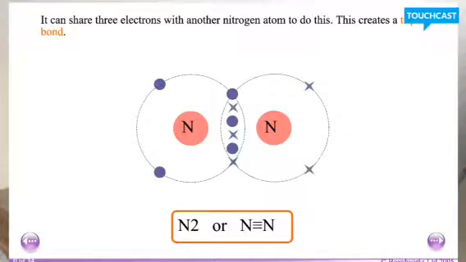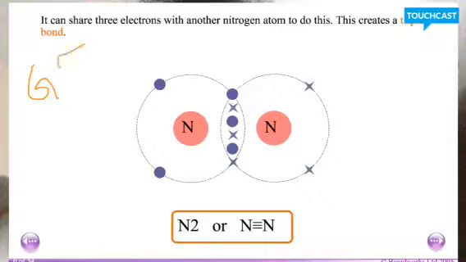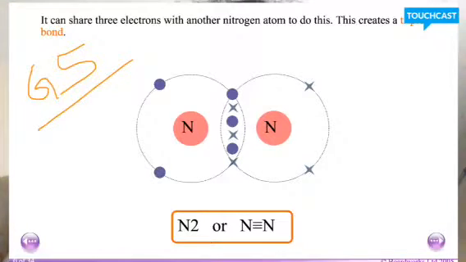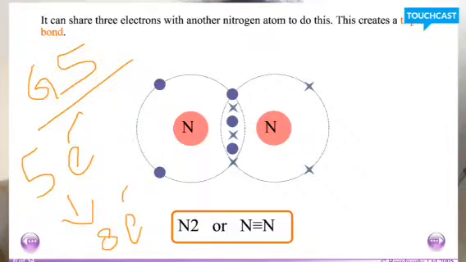If you can pause this video and have a look, you will see that nitrogen belongs to group 5. So it has 5 electrons in its last shell. It needs to become 8.